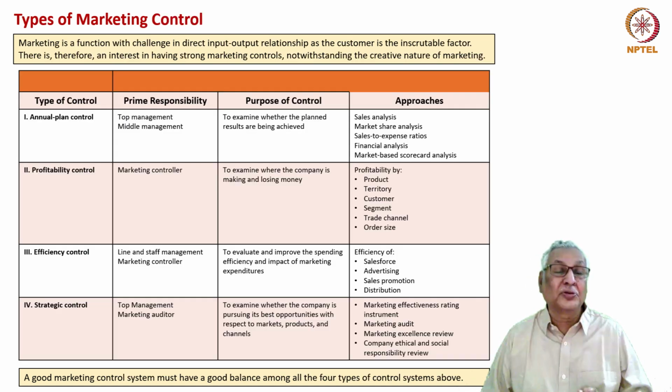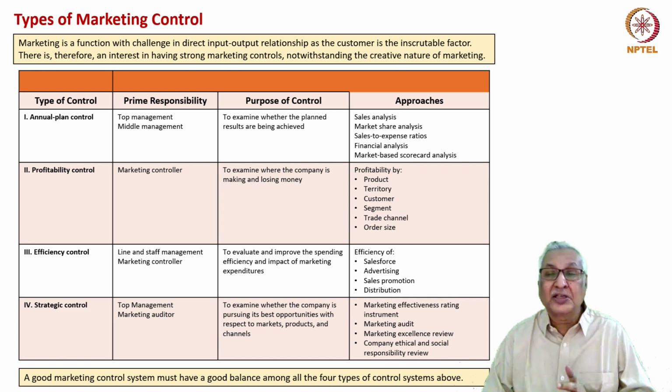But to ensure that the marketing machine runs in a very controlled, regulated way, but with proper flexibility, you need to have four types of control. The first type of control is annual plan control. In this, top management and middle management are frequently involved. The purpose of control is to see whether the planned results are being achieved.